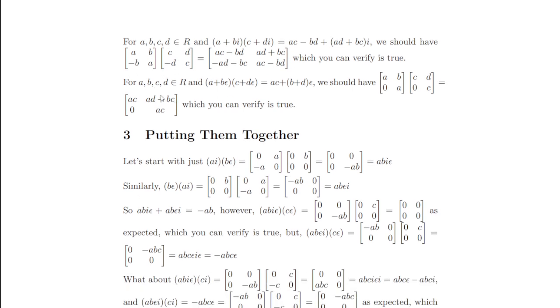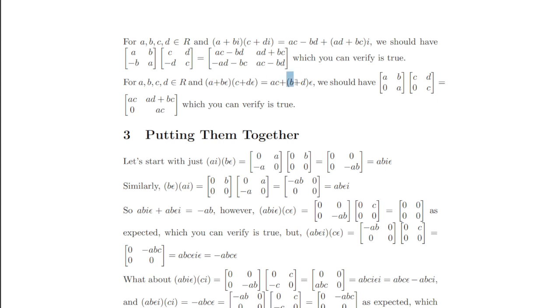Similarly, for a, b, c, and d in real numbers, a plus b epsilon times c plus d epsilon equals ac plus bc plus ad epsilon.